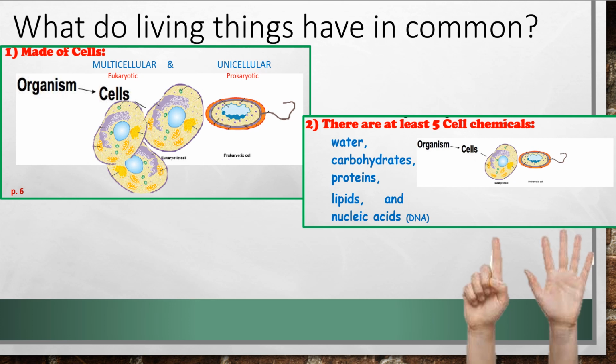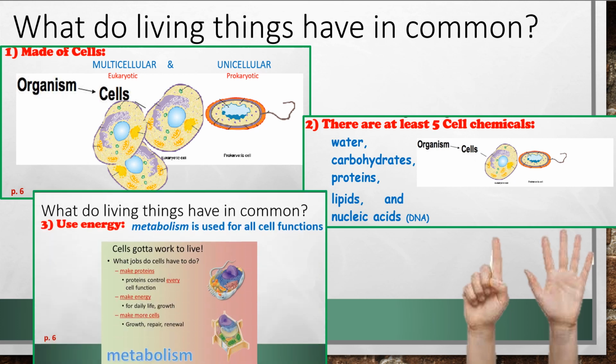And inside the cells, they use metabolism to do the things that the organism needs in order to survive. Those 3 things, unless you are highly skilled and trained and you have the equipment, we can't really see. But the other 3, as we continue on with the group, we can see.